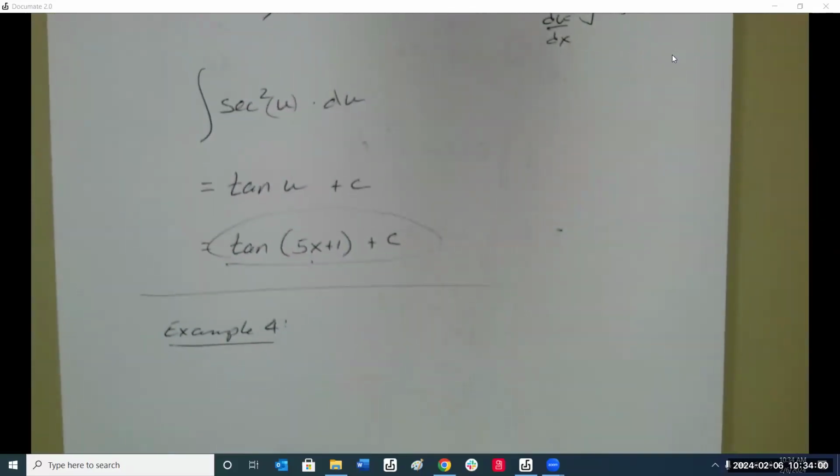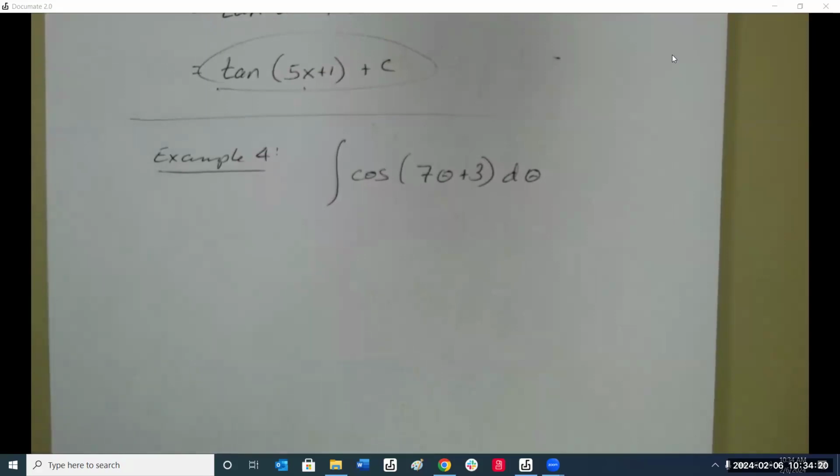The integral of cosine of 7 theta plus 3 d theta. Your question goes with this example. So what's missing? We're missing a g prime, which fits inside of the function.